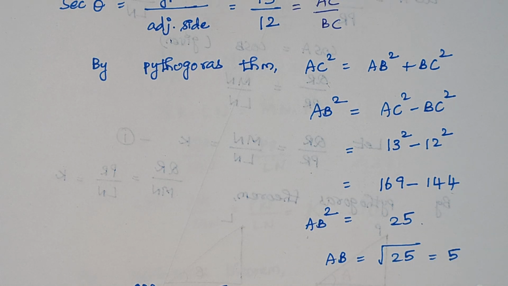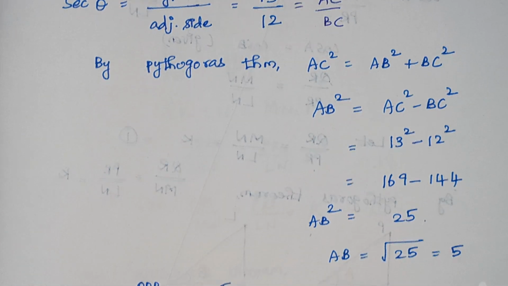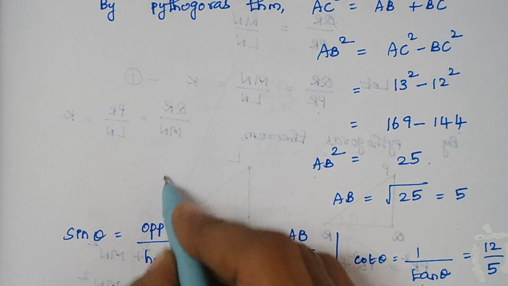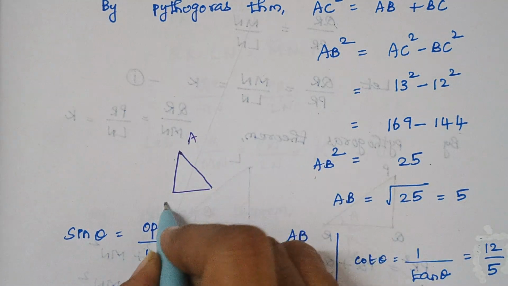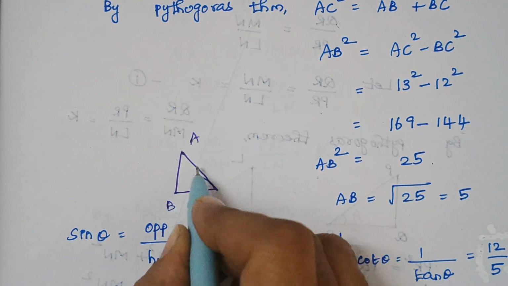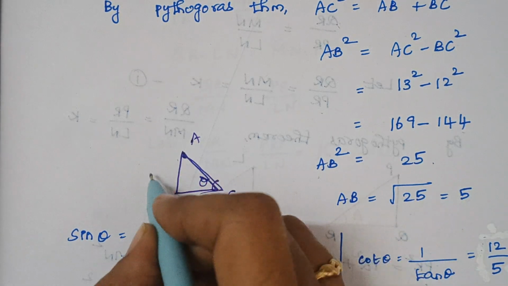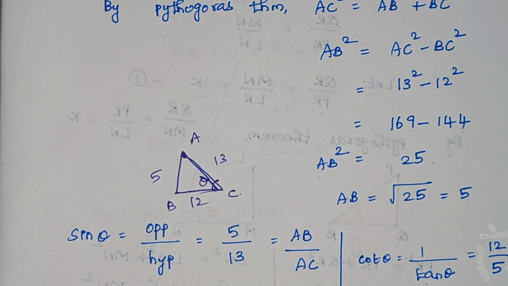Then the next thing is, now we are going to find the values of sine theta and the rest. First we are starting with sine theta. Let me draw this triangle here. This is A, B, C, and here lies your theta, this is your 5, this is your hypotenuse, and this is your adjacent, right?